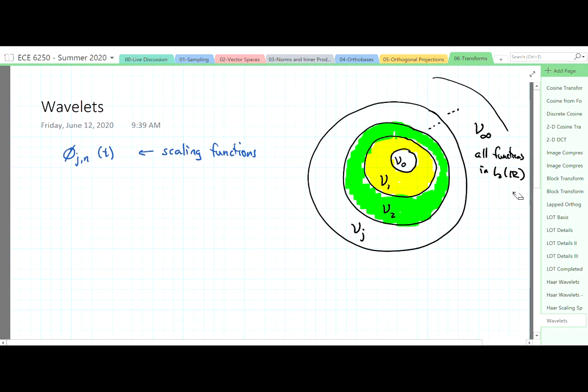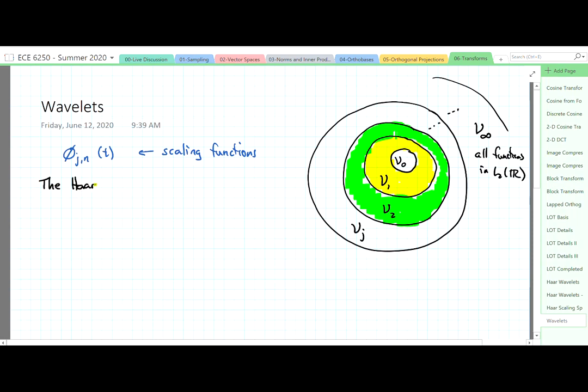Okay, so I'm hoping this visualization is going to help in just a moment, because what we're now going to focus on is the difference between what's in each of these spaces. And we prefigured that a little bit as we were talking earlier.